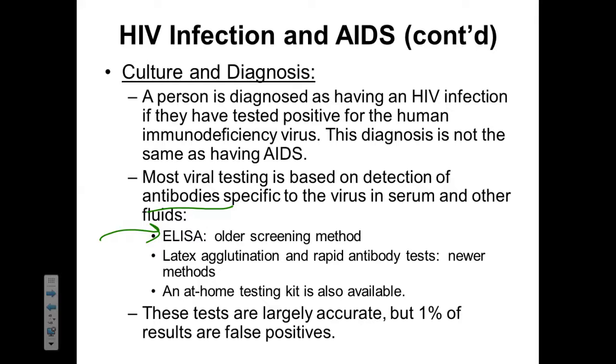Generally speaking, the tests are going to be accurate, but approximately 1% of the time there's a false positive. And depending on the availability of the test, sometimes the healthcare provider is just going to base the diagnosis off the presence of those indicator diseases that are typically associated with someone who has HIV AIDS, as opposed to a positive result on the test itself.